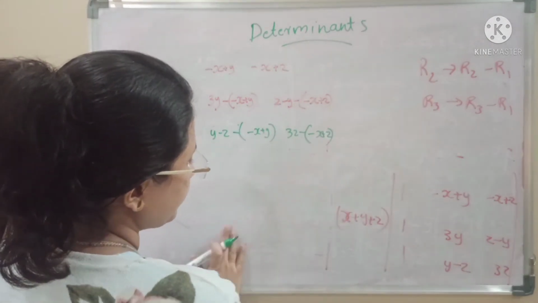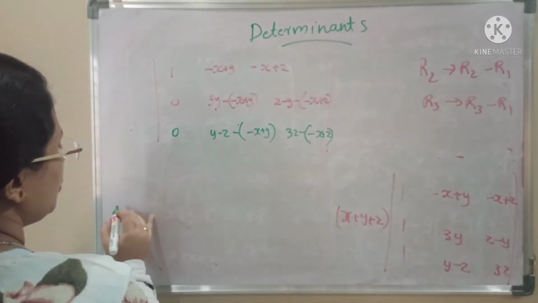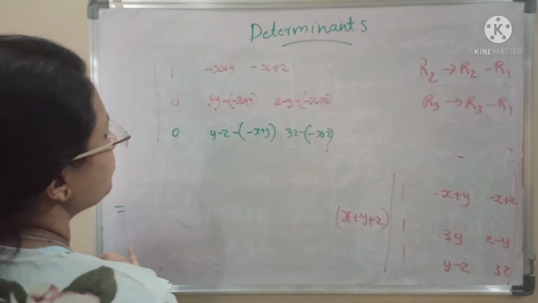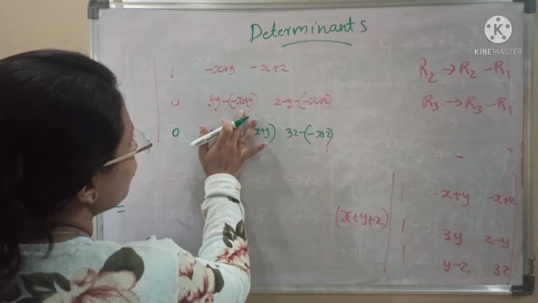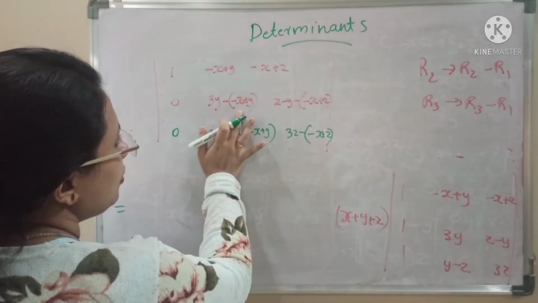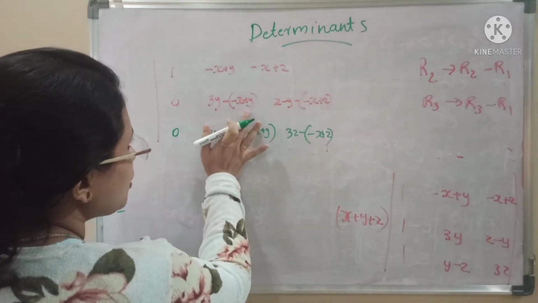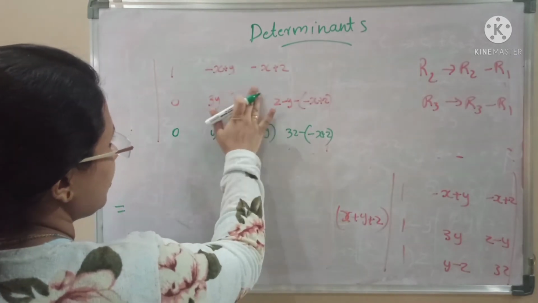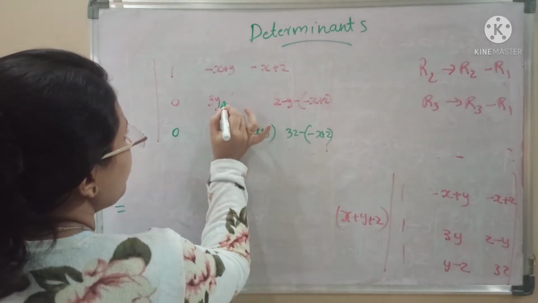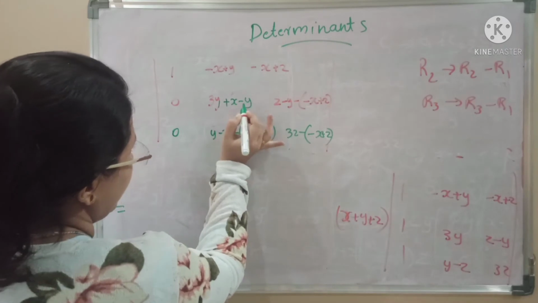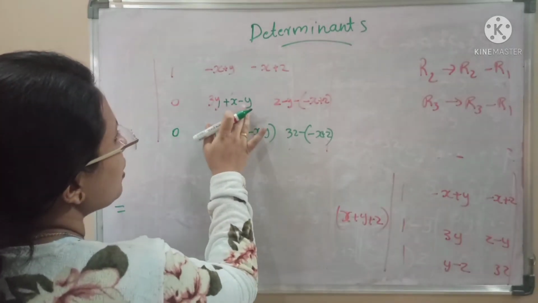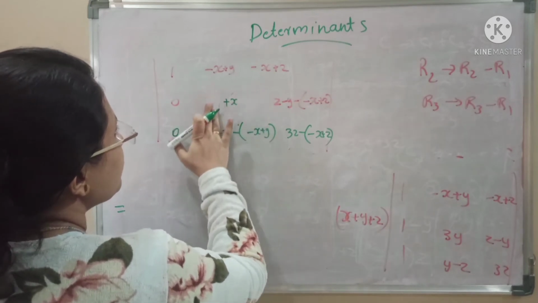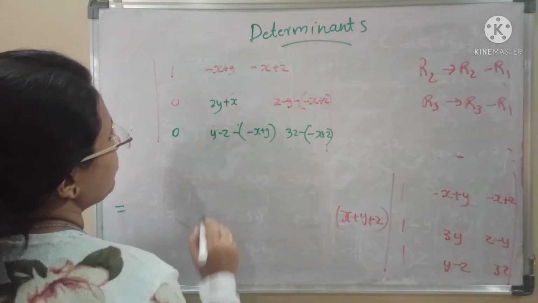Okay, so what are we going to obtain from here? So 3y minus of minus x will be plus x, minus of plus y will be minus y. So plus x minus y. Okay, so this will be 3y minus y, which is 2y.